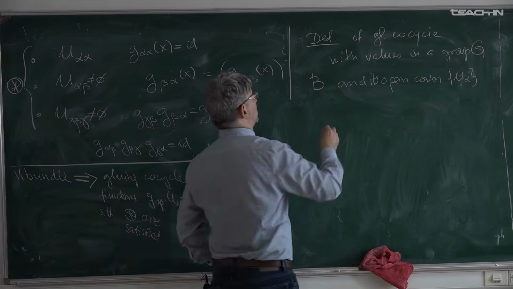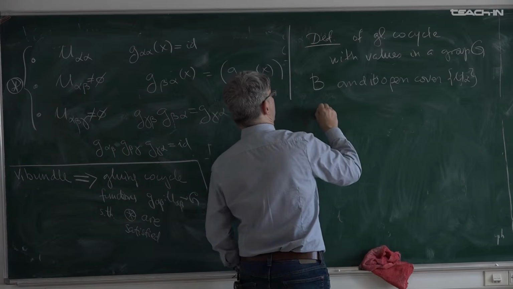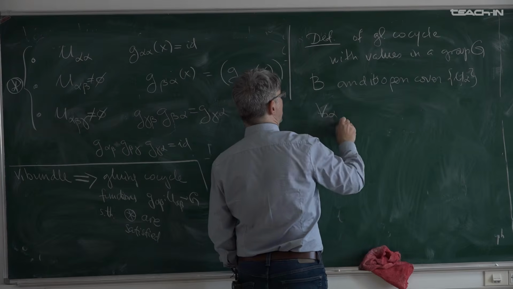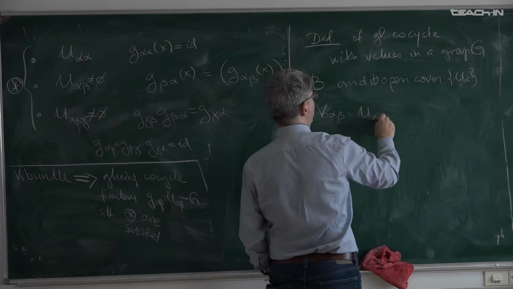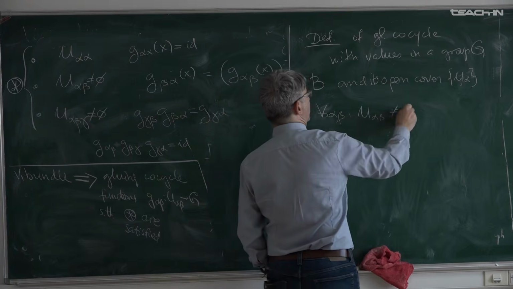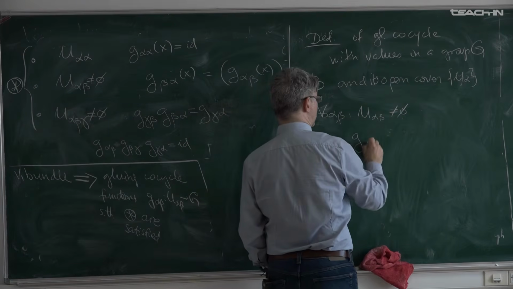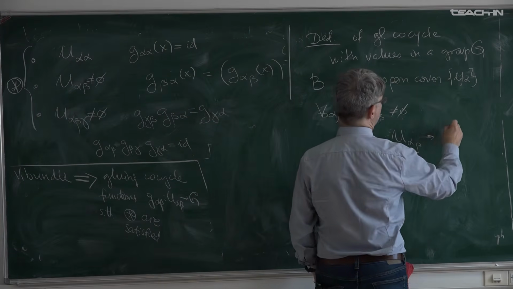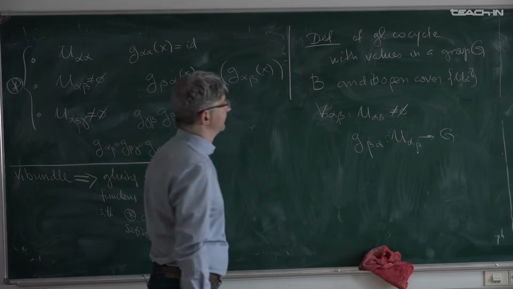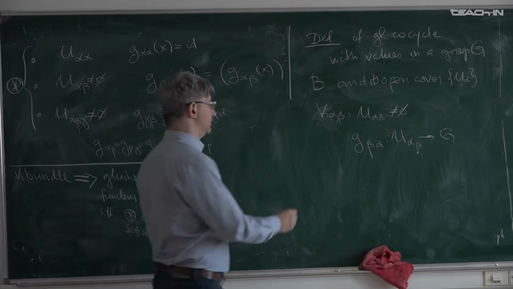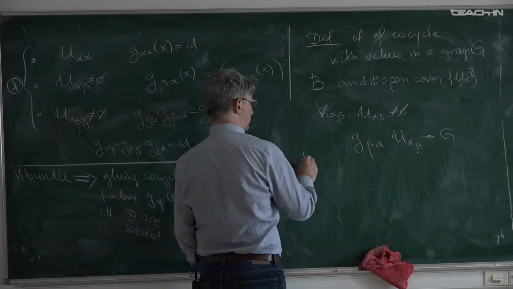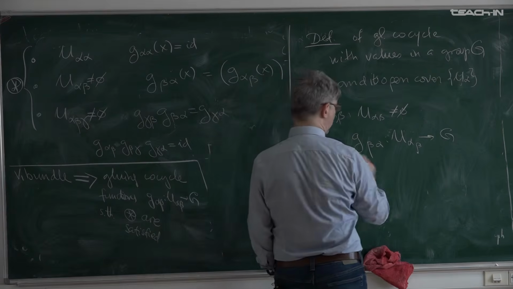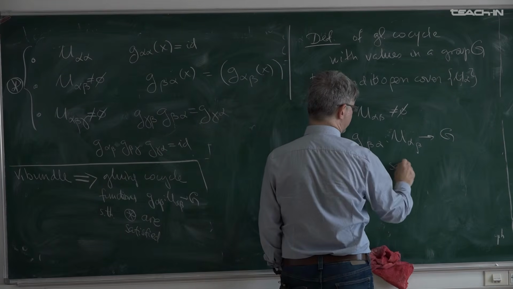Then I say that for every alpha and beta such that U alpha beta is non-empty, I need to have a function g beta alpha from U alpha beta to the group G, such that those conditions are satisfied.